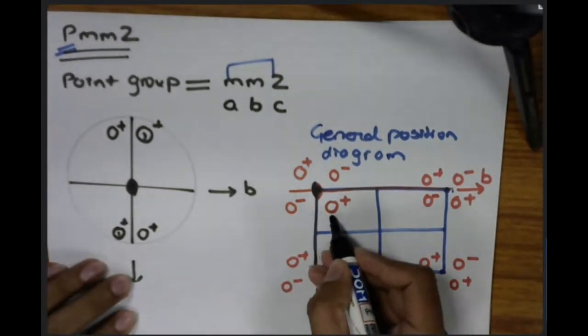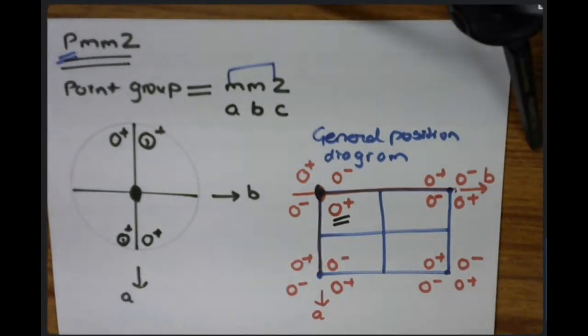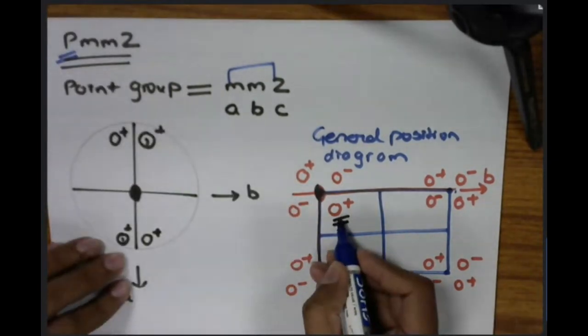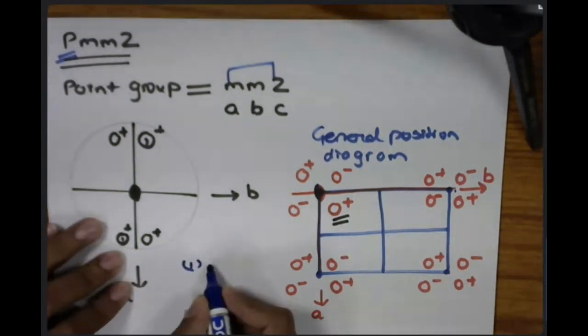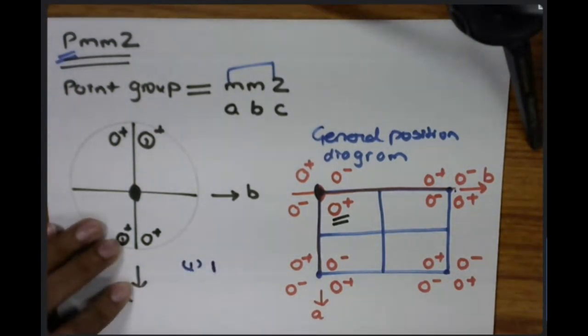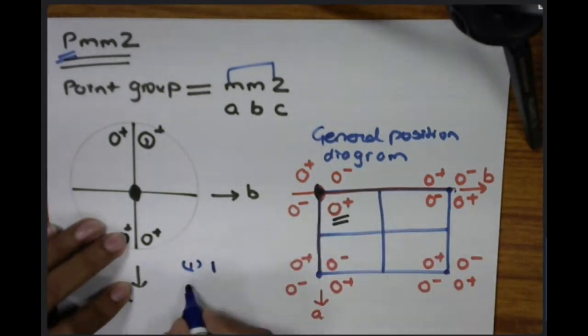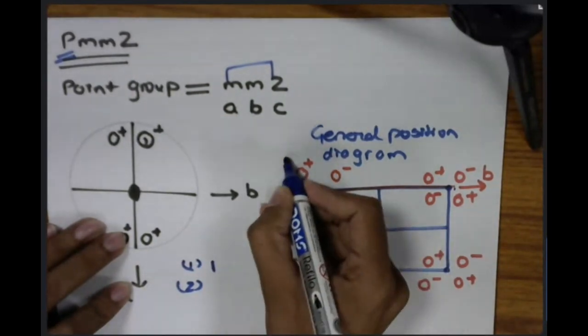So the first point, how can one generate the first point? First point can be generated by the one fold of rotation. It will coincide with itself. Now then second point, what about this second point? Let us say this is the second point which we are talking about.